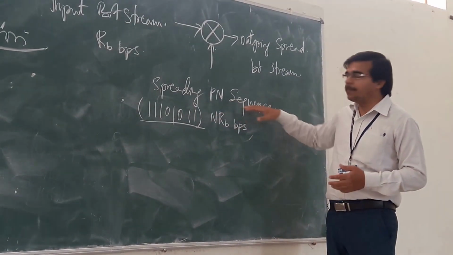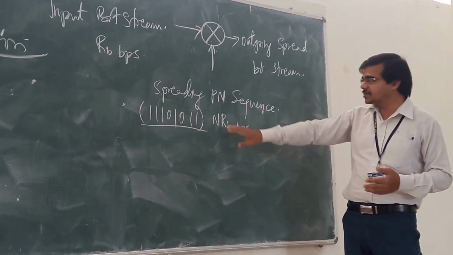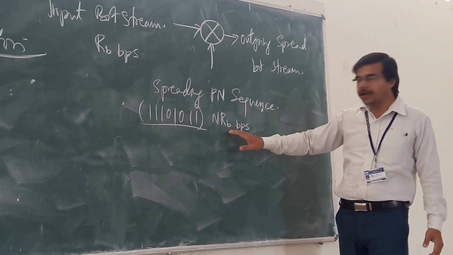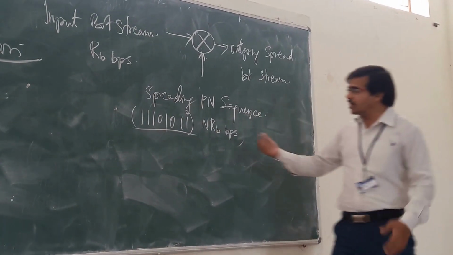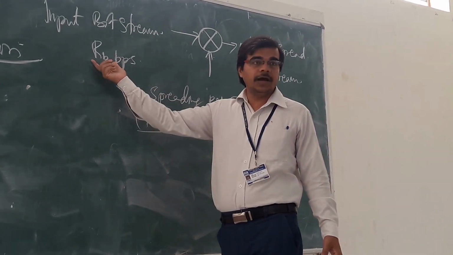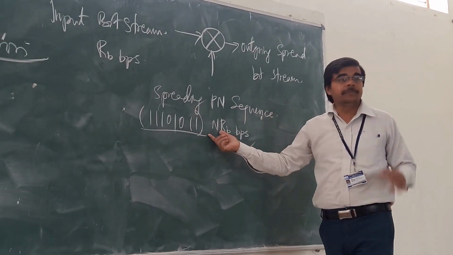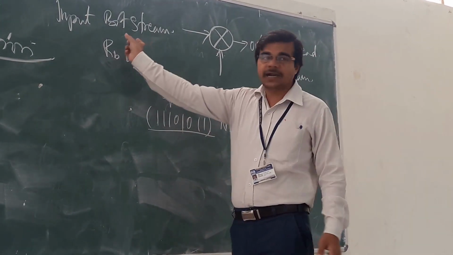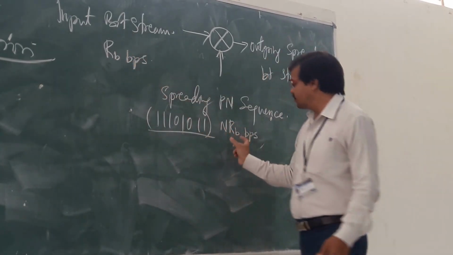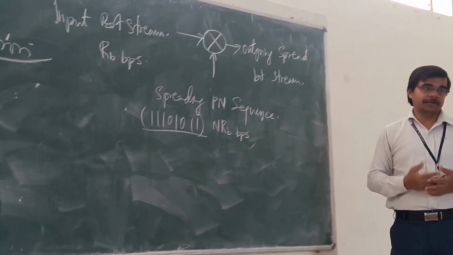This spreading PN sequence is N times R bits per second, which means whatever bit you have is repeated N times. So whatever sequence you have is repeated here N times.